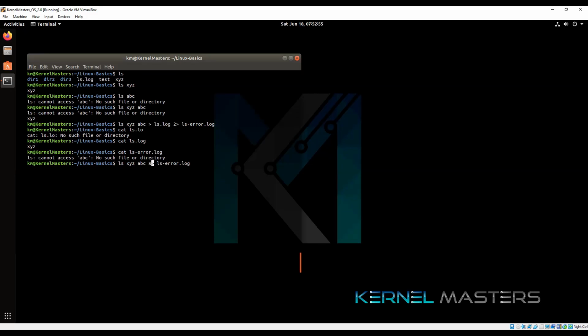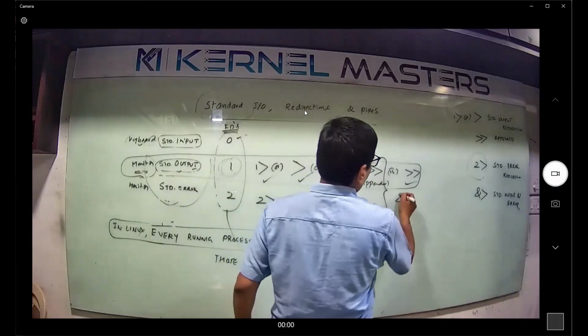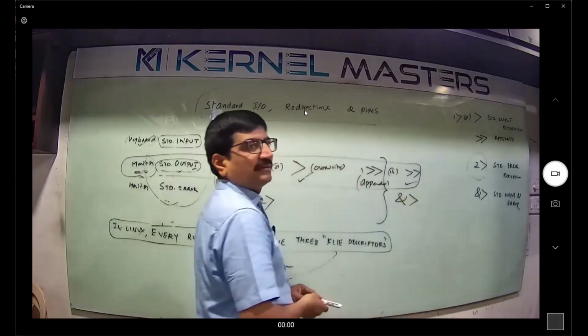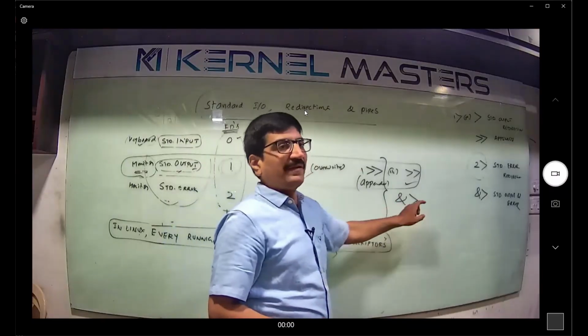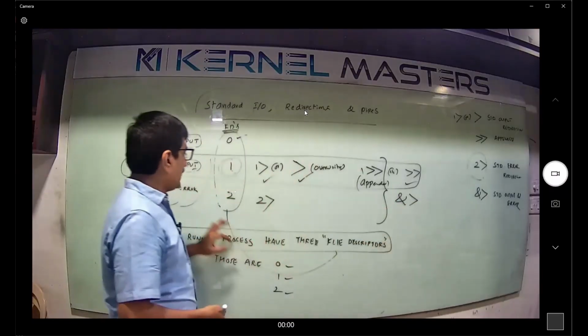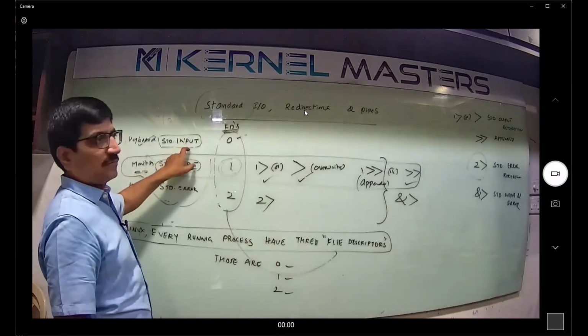Now you can see both combined. Now the ls error.log contains the normal output and also the error. If you want both in one file, then what is the symbol? Ampersand greater than is the combination. What are both combined? Ampersand greater than.